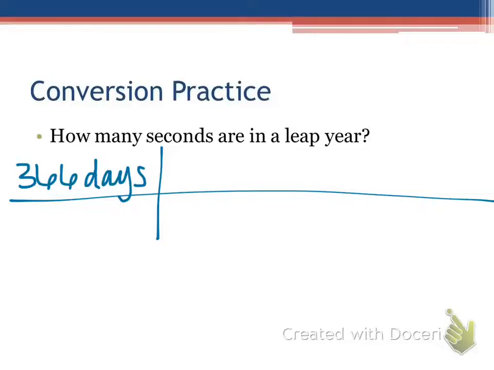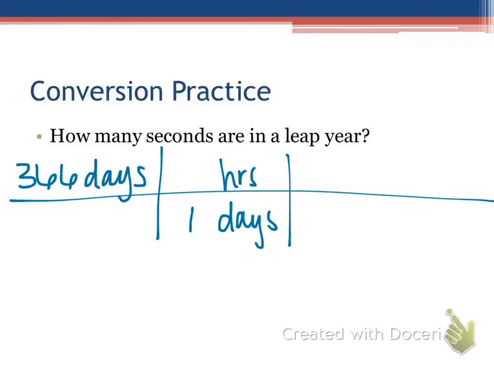Okay, so now if I want to go from days to hours, those two need to go on my T-chart next, right? You have to think about the steps you're going to go through, then both those units go in your T-chart. They need to go opposite of what you want to get rid of. So if days is on the top, it needs to go on the bottom on my second part here.